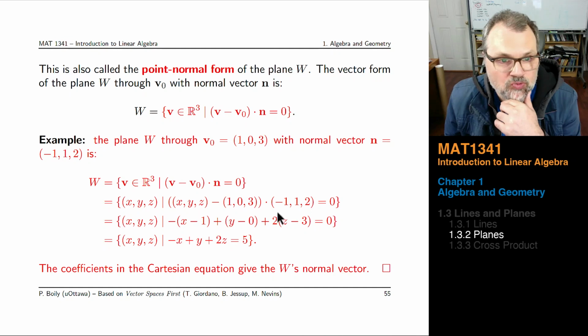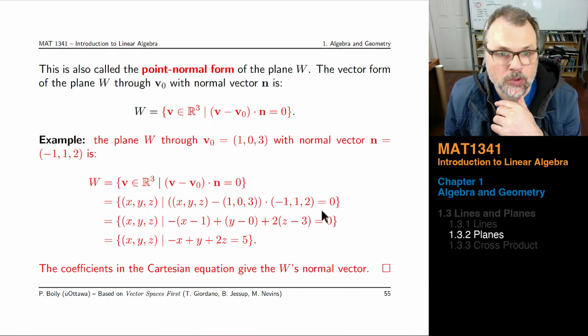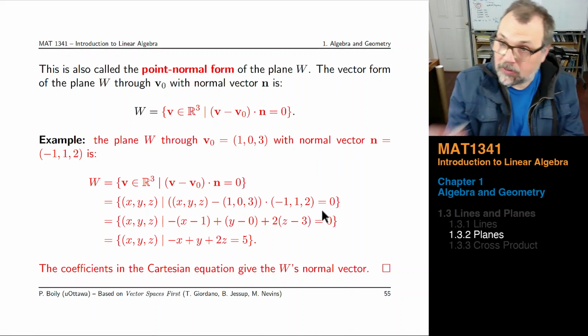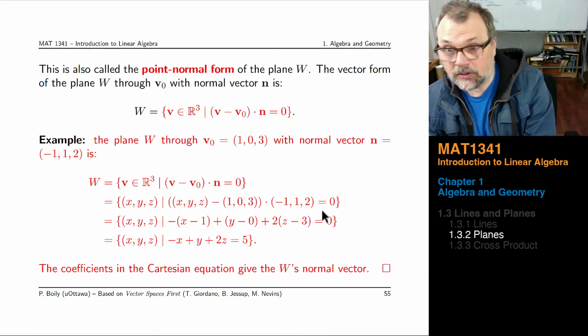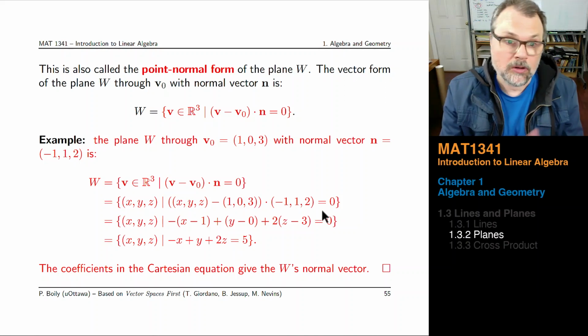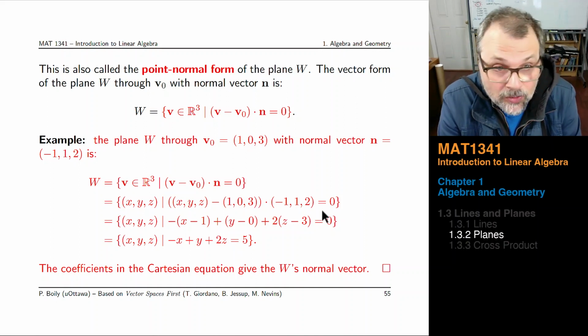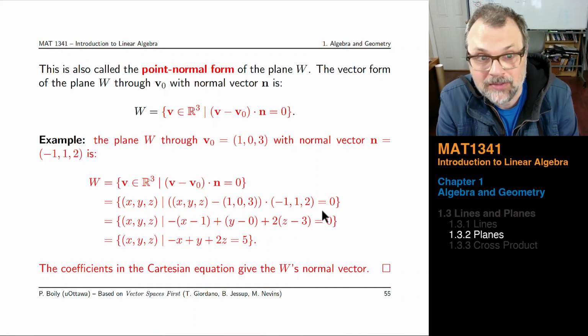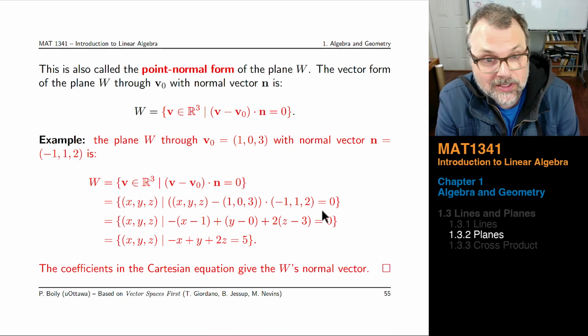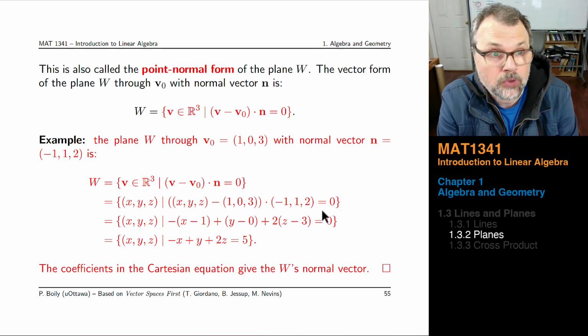So if I write it out and do the computations, I'll have the vector x minus 1, y, and z minus 3 inner product with minus 1, 1, 2, and then I multiply each of the components pairwise and do the sum. That gives me minus 1 times x minus 1 plus 1 times y minus 0 plus 2 times z minus 3, and that should be equal to 0. That's the point normal form.